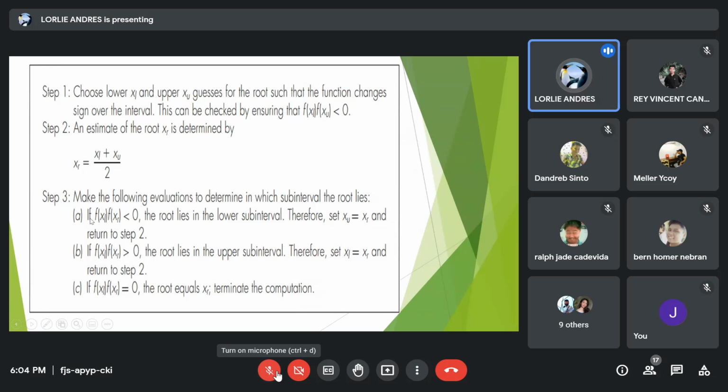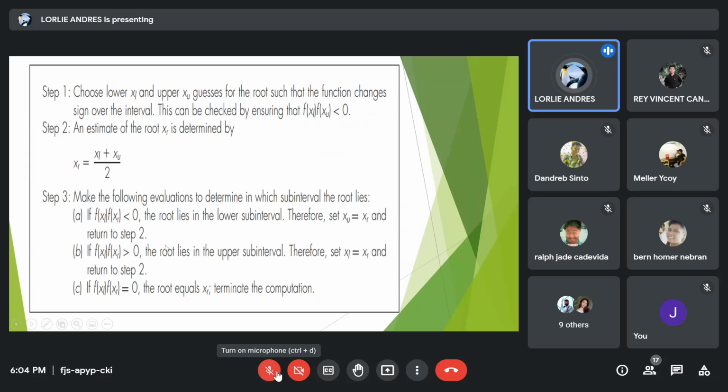Sa first condition daw, if your f of x sub L multiplied by f of x sub R is less than 0, then x sub U will be equal to your x sub R. But if your f of x sub L multiplied by f of x sub R is greater than 0, then you will set x sub L equal to x sub R. But if your f of x sub L and f of x sub R is equal to 0, then you can terminate the computation and then you can say that your x sub R is equal to the root value.